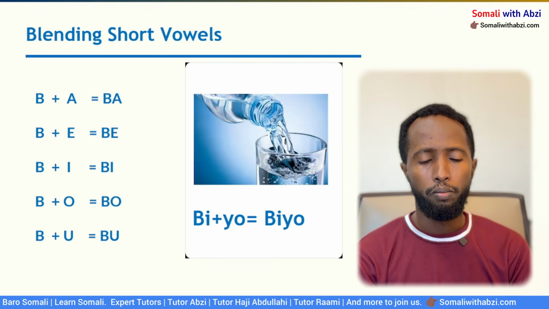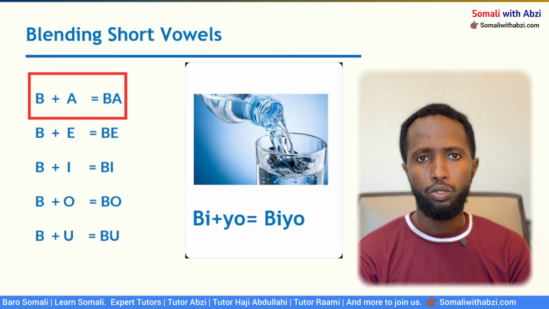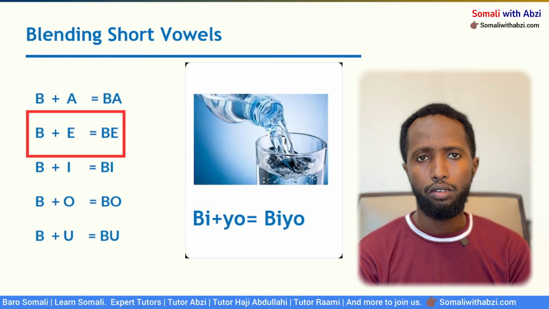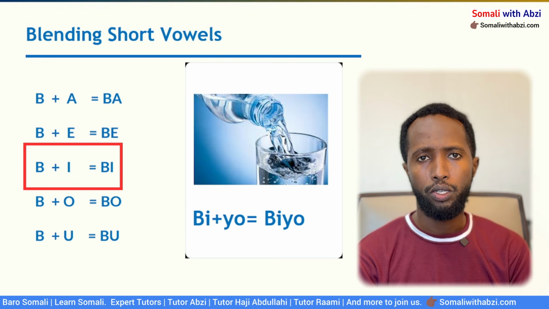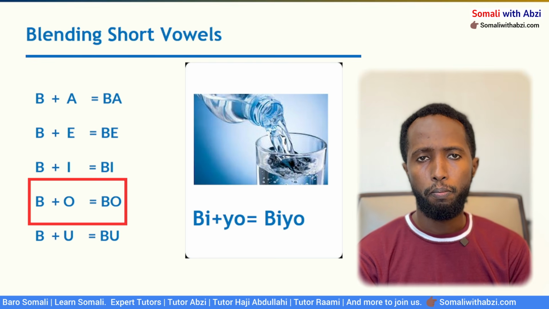Now let's see blending short vowels. For example, ba plus a together, we make the sound ba. Ba plus e, we make the sound be. And also ba plus i, we can make the sound bi. Next, ba plus o, we can make the sound bo.